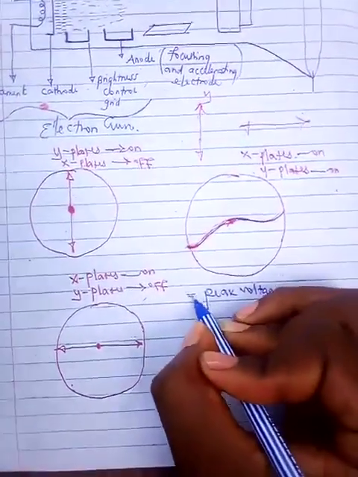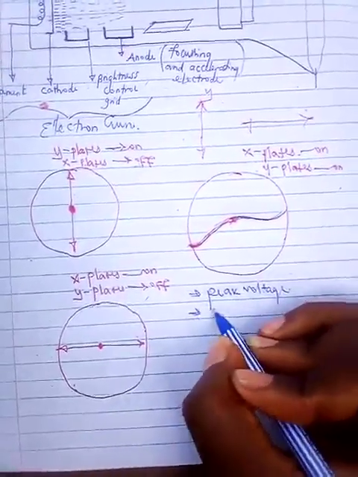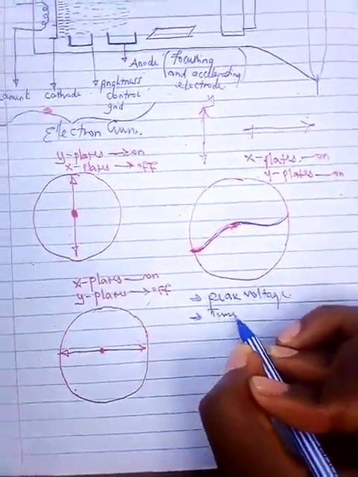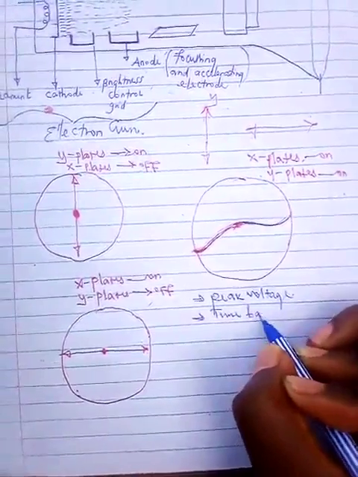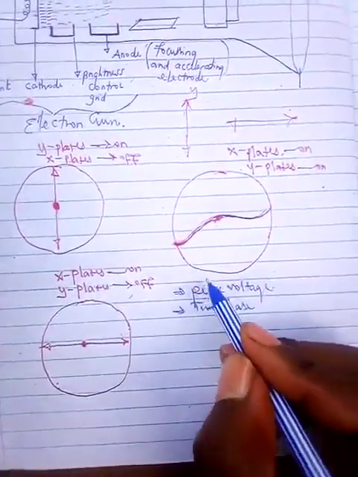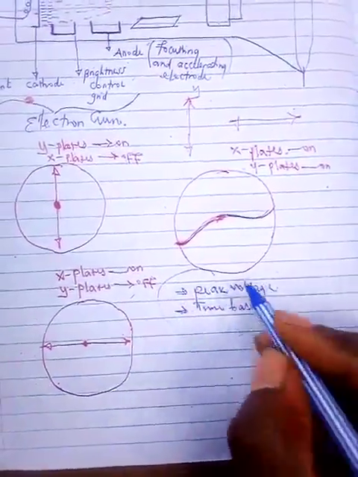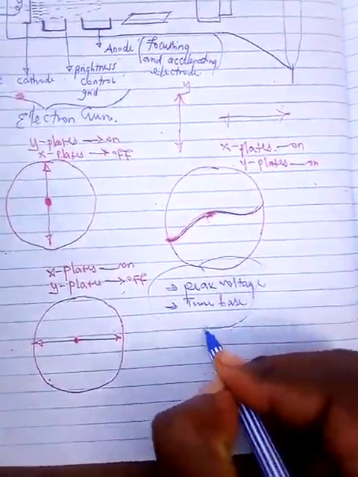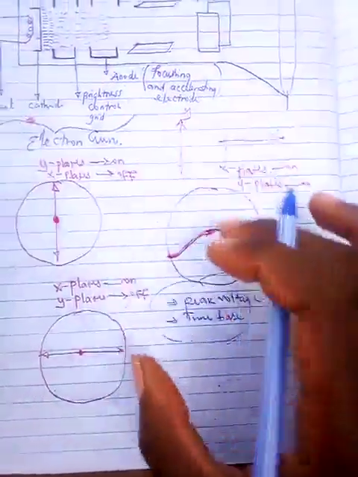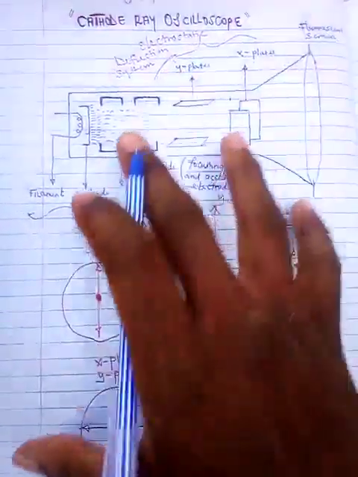Apart from peak voltage, there is also something referred to as the time base, and I'll show you how we handle that. So for now, this is what I can say about the cathode ray oscilloscope.